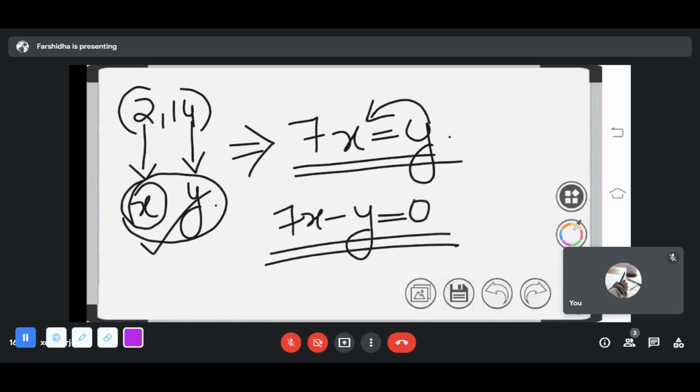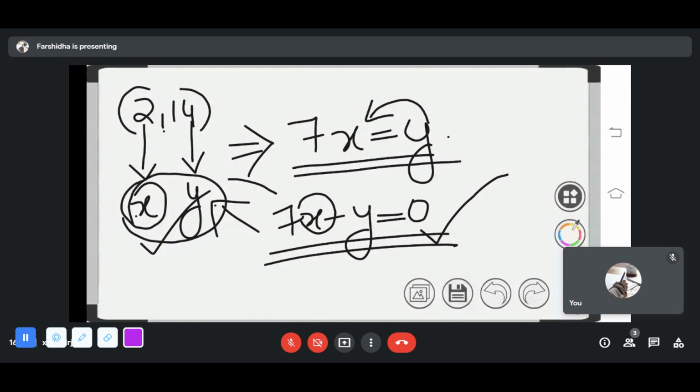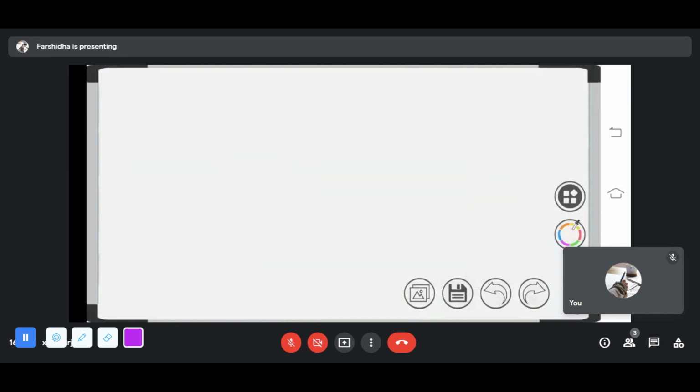Is this a proper equation? Does this satisfy the condition for the x value and y value? So your first equation is this. You can form any equation of your choice, but it should satisfy this condition. If you put x is equal to 2, y is equal to 14, you should get 0. Let's check it. 7x minus y is equal to 0.